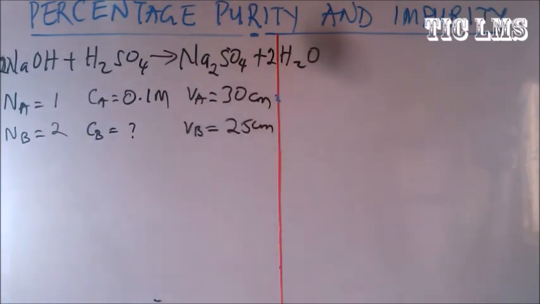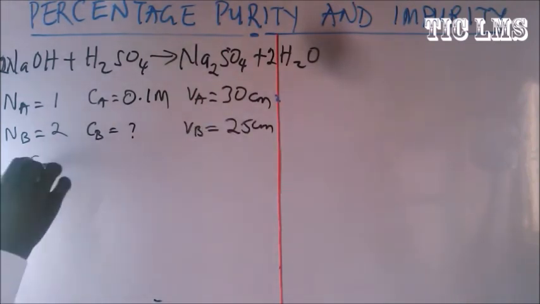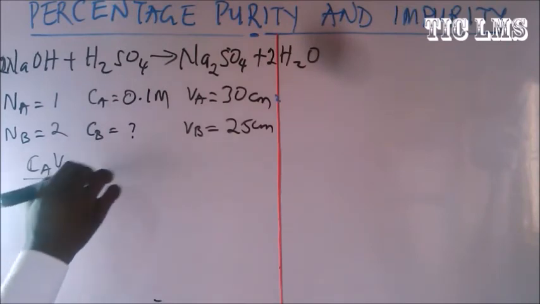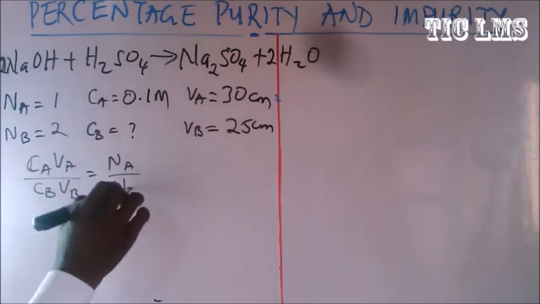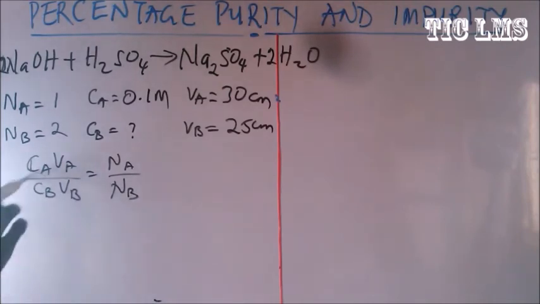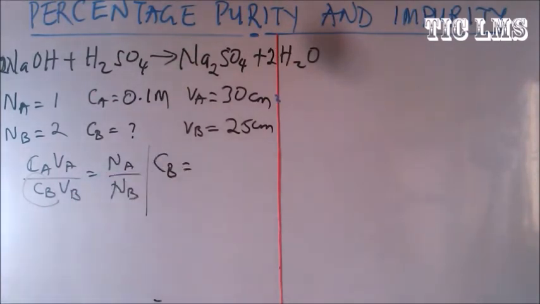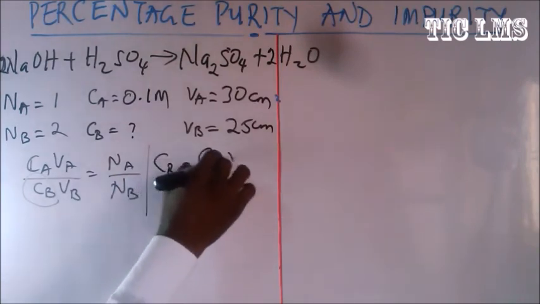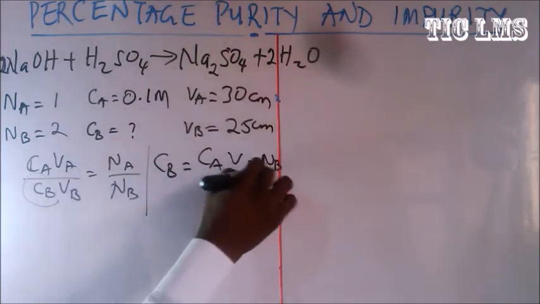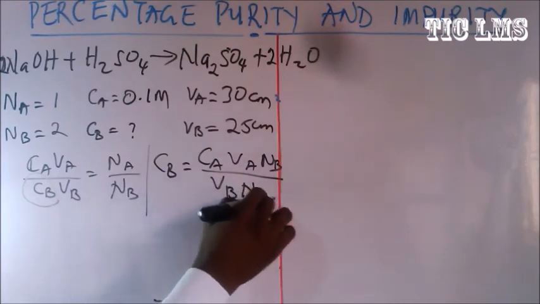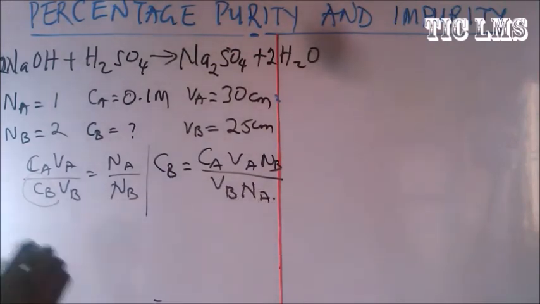Now with this information, we have it that CAVA over CBVB equal to NA over NB. Now we are looking for CB, so we'll make CB the subject of this equation. Alright, so we have it that CB equal to CAVANB over VBNA, and then we substitute our values.